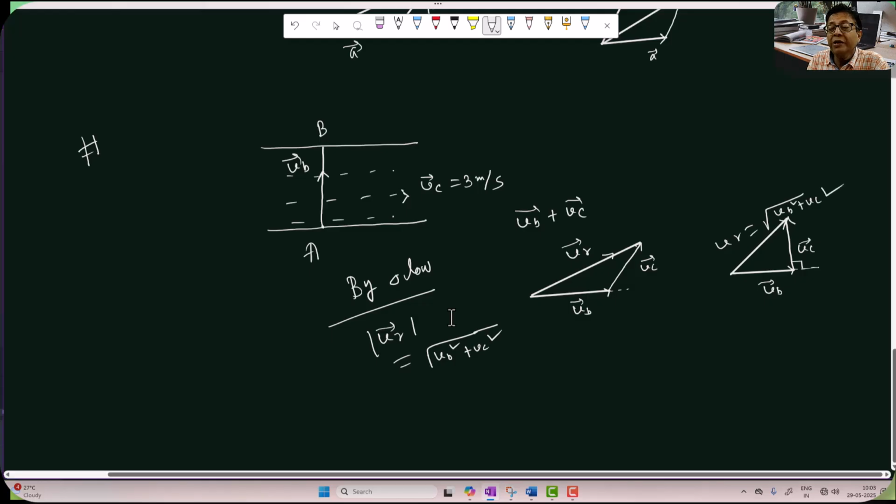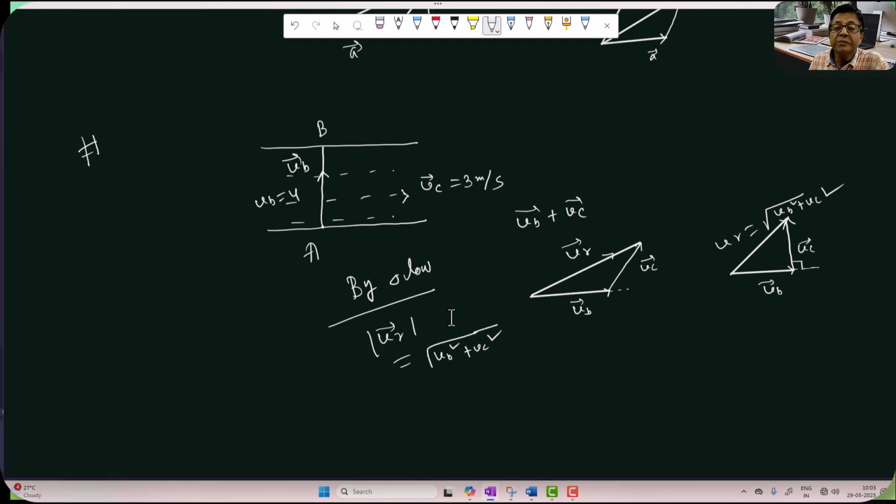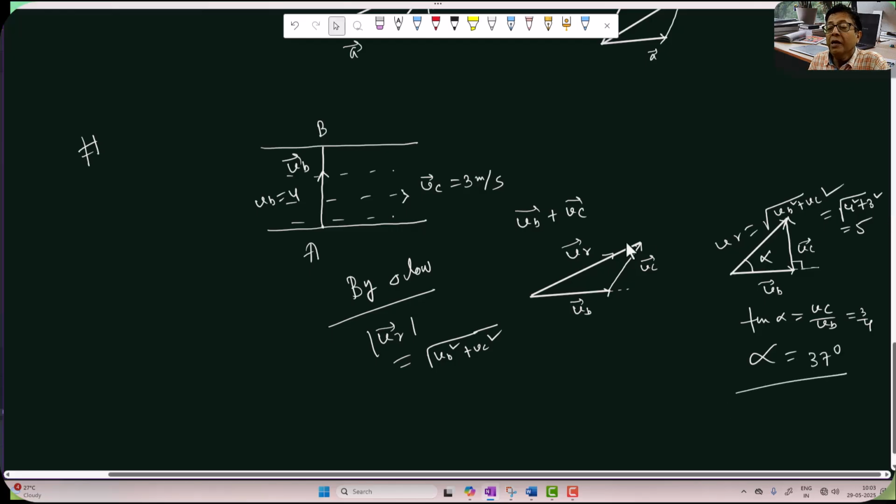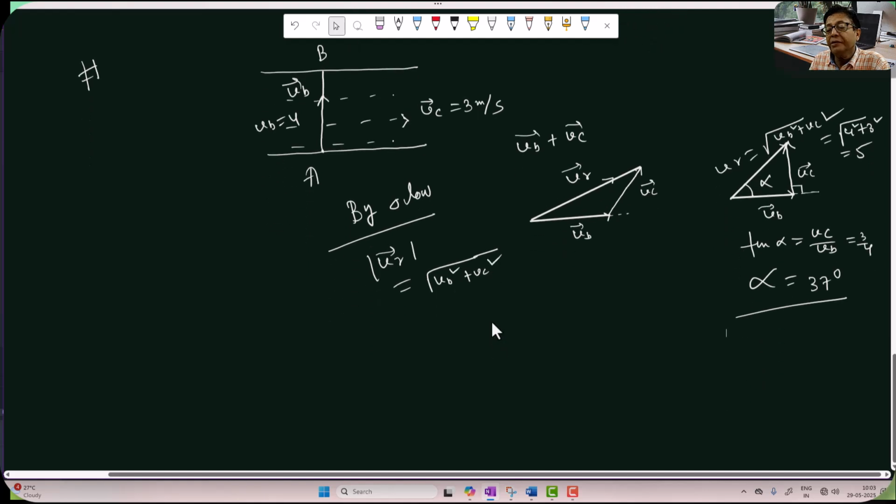So we are going to have under root VB square plus VC square. This VB modulus is 4 given. So 4 square plus 3 square, that is 5. And the angle made by resultant velocity with the VB vector, tan alpha equal to what? That is VC by VB. So that VC is 3, by 4, alpha will be approximately 37.